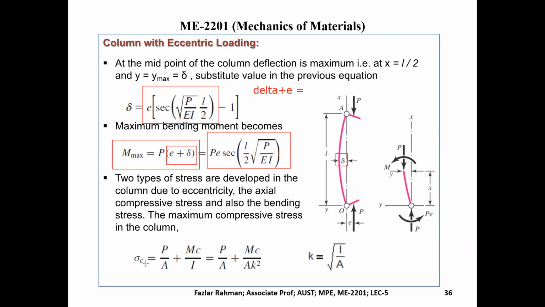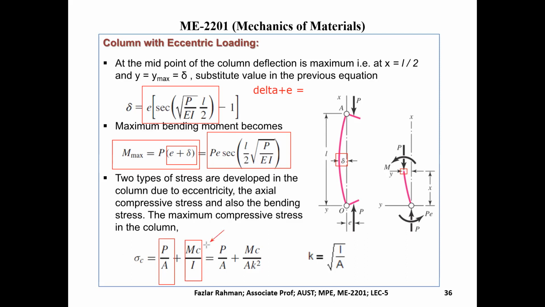So we have the formula that at this point there are two forces working. One is bending, the other is direct compression. So for direct compression, what will be the stress? P by A, right? Axial member. And for bending, it will be MC over I. And look carefully, this C is not the end condition.